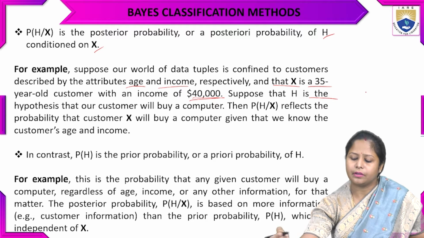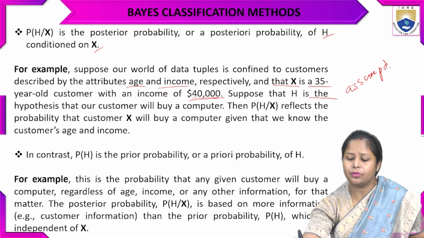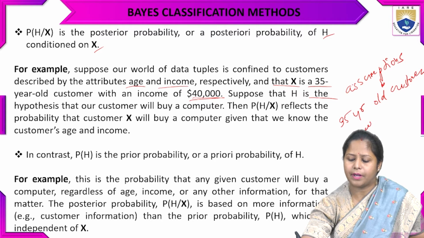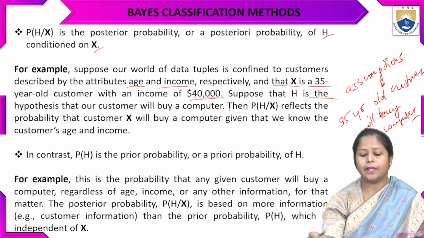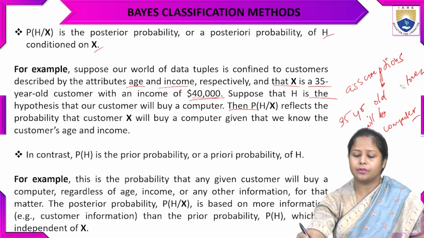That is an assumption that the 35-year-old customer will buy a computer. So then P(H|X).